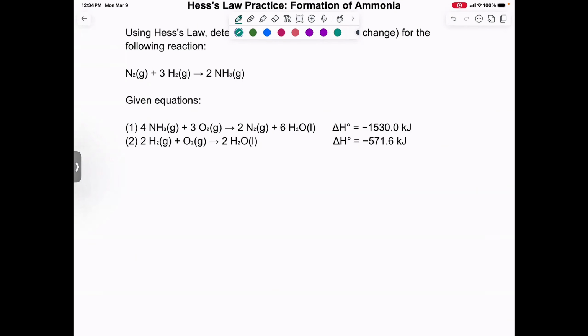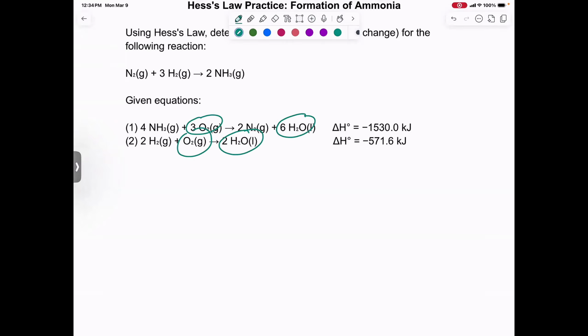The answer is no, because we have multiple species in there that don't belong. I don't see oxygen, I don't see water in the overall equation. So we need to look at eliminating those.